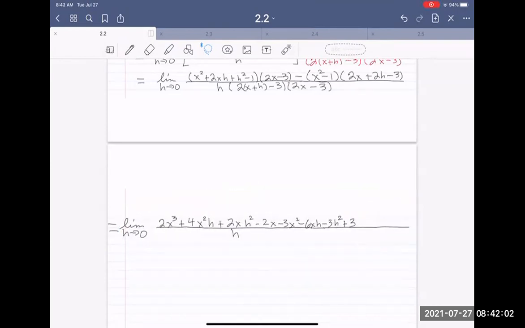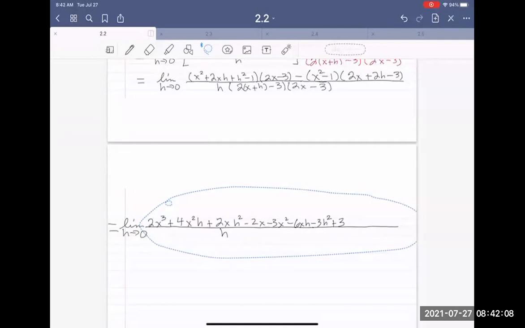Okay. I'm going to try to get as much room as I can because this is big. Let's see if I can fit it. Okay, so now multiply each of these by a negative x squared.